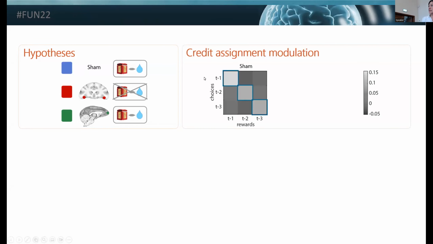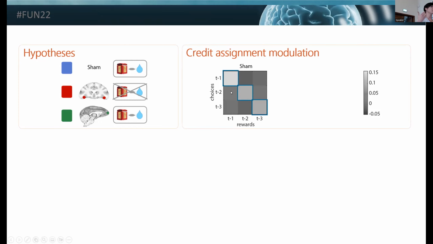And this is what I'm presenting here in this matrix. This represents to what extent previously rewarded choices are currently influencing your current choice. You can see that you're much more likely to repeat a choice that has been rewarded in the past at trial T-1, but also T-2 and T-3. So it's decreasing, but it's still influencing your choice.